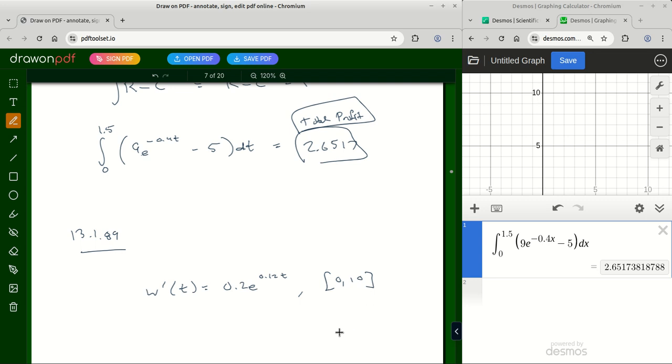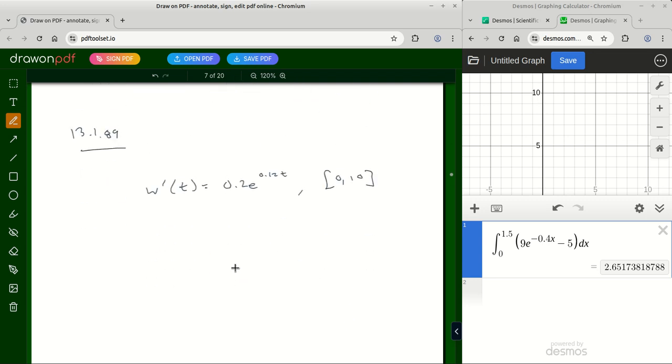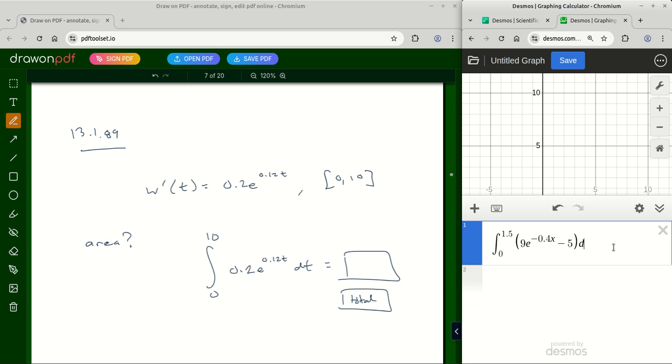I can't remember what the w was, if it was like a work thing or something, but they're just saying find the area. And this is very simple. You're going 0 to 10 of this equation that they give you, dt, and you're done. And apparently that's supposed to be a total, which is fine. So you're going to click total on your homework.